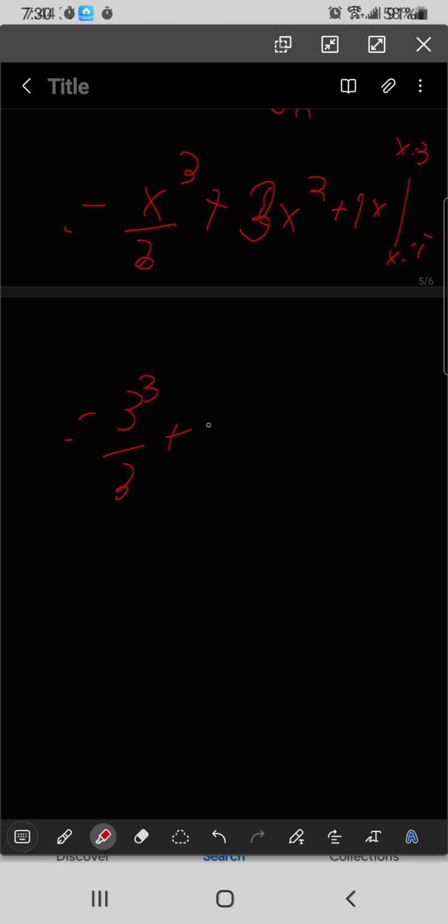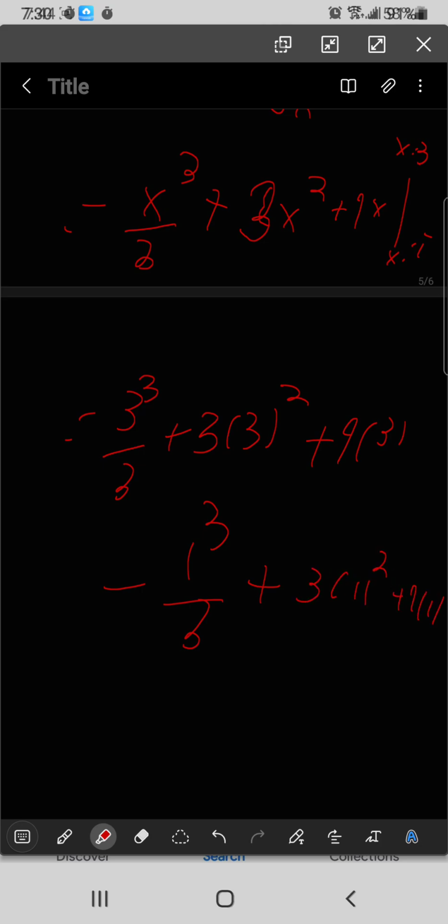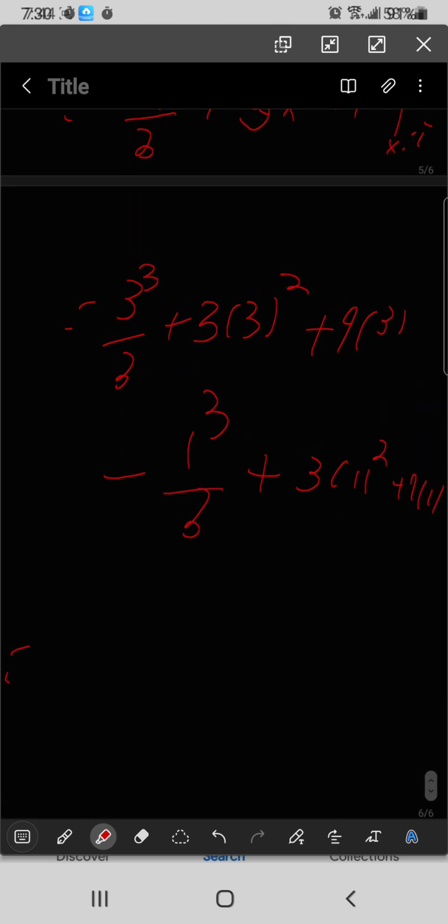3 cubed divided by 3 plus 3 times 3 squared plus 9 times 3, minus 1 to the 3rd power divided by 3 plus 3 times 1 squared plus 9 times 1. So, let's see what we can do.